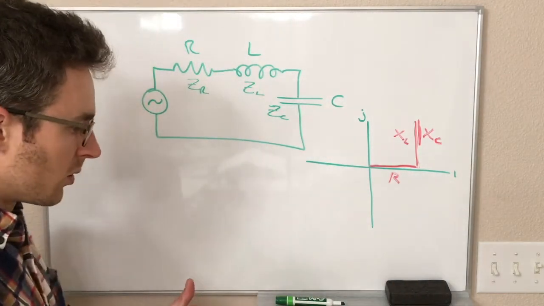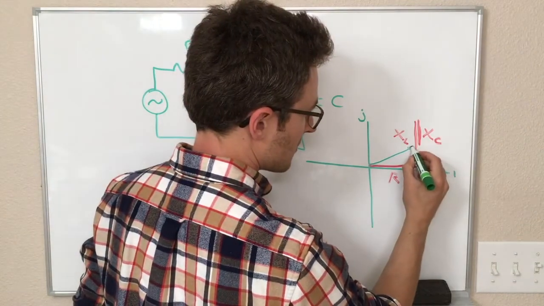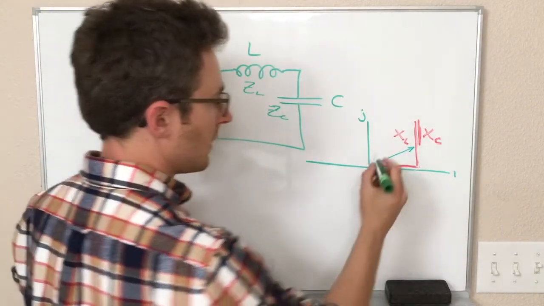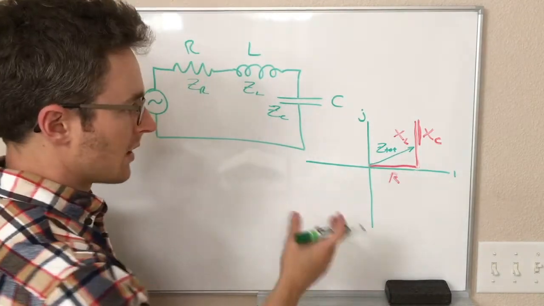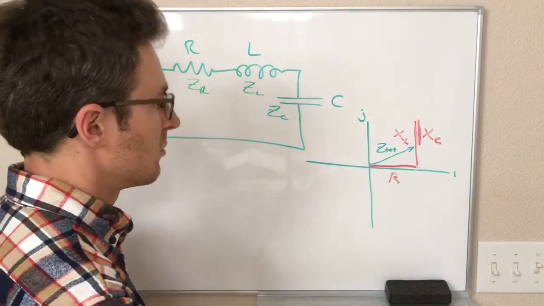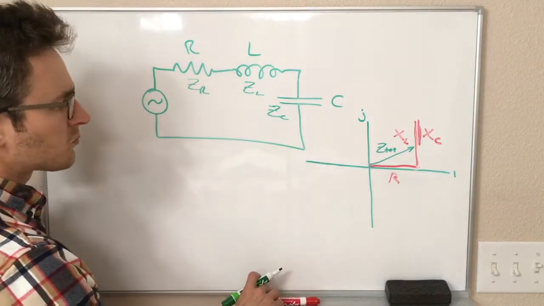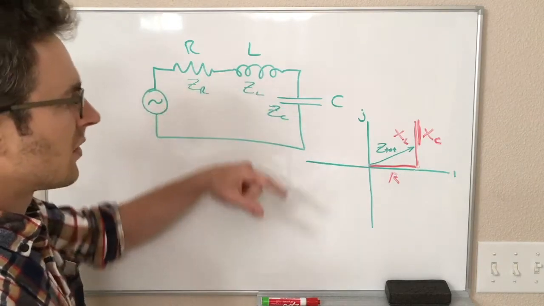And so the total of these three vectors is something that looks like this, and this is our Z total vector. It has some resistance part and some reactance part. There's some of each.